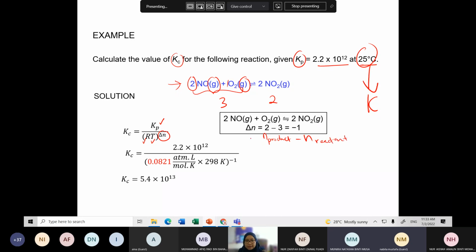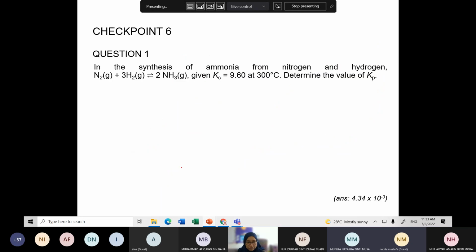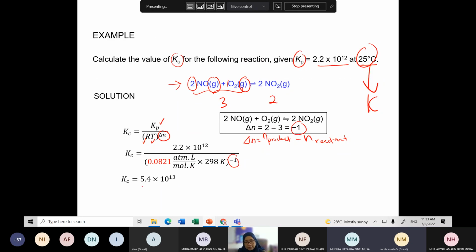So 2 minus 3 will be negative 1. Don't think negative 1 can't be a power, it can. Then press the calculator, and make sure you get the right answer, provided everything is correctly inserted. So this is no problem.